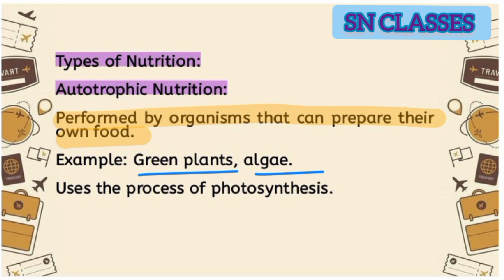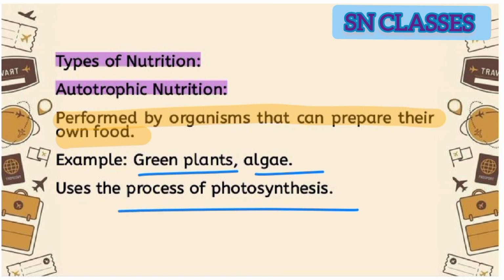Hence, those organisms can prepare their own food, that is called the autotrophic mode of nutrition. As I told you, examples are green plants and algae. In autotrophic nutrition, the preparation of its own food is done with the help of a process called photosynthesis.